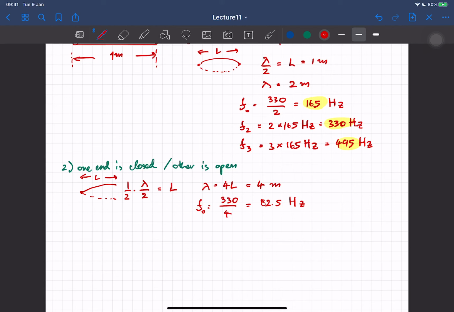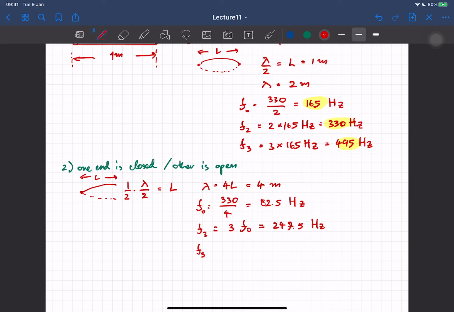What about the next one? Well, this is the case where you don't have even harmonics. So the next one is the third harmonic, f3. It's gonna be 3 times f0, and that's gonna be equal to 247.5 hertz.